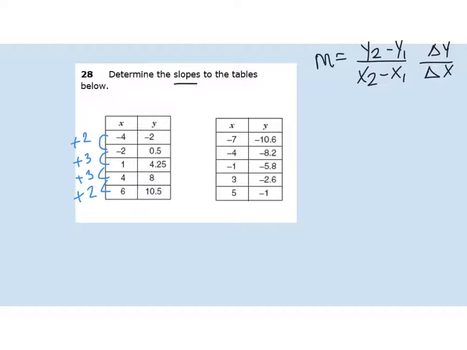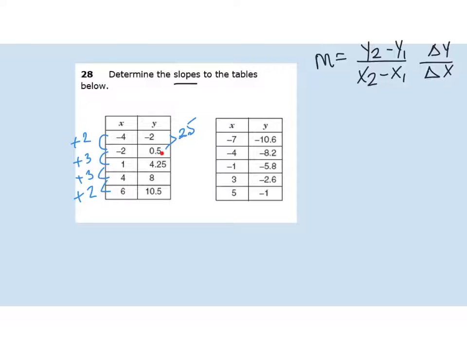So on the y values, from -2 to +0.5, that is going to be an increase of 2.5. That's hard to see. If you're having difficulty there, you can always use your calculator. You would do kind of like what's over here, the second y value minus the first.